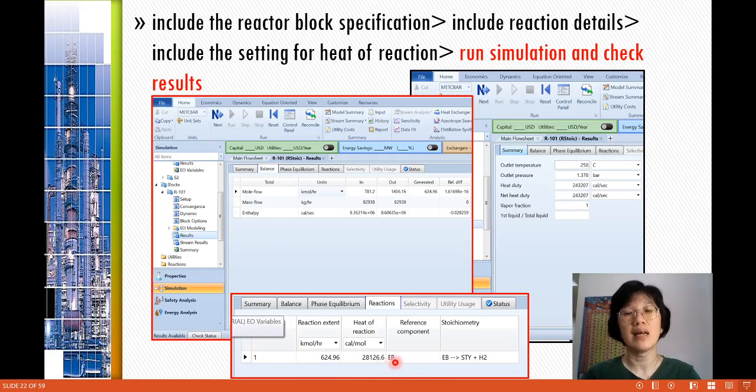The heat of reaction is about 28,127 Kelvin per mole of your reactant. Of course, other than this result, you can also have the stream result. That means the distribution or the product composition can be seen over here.